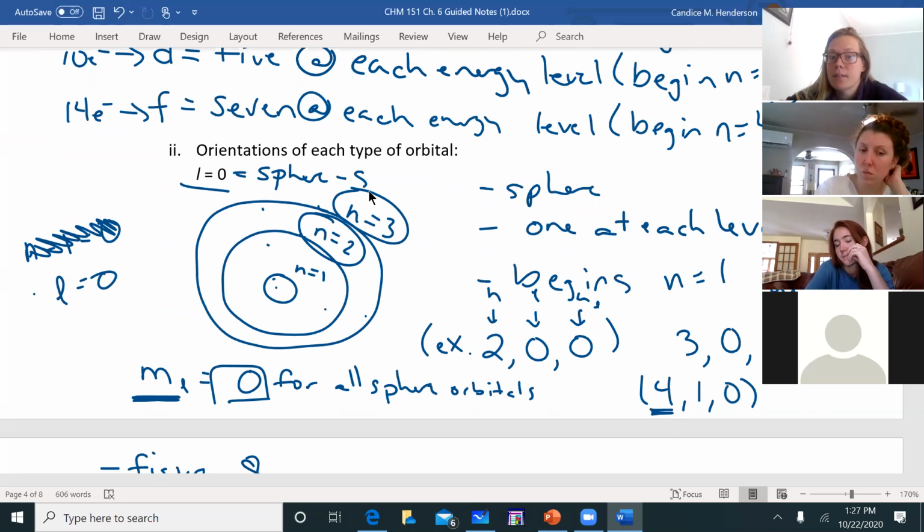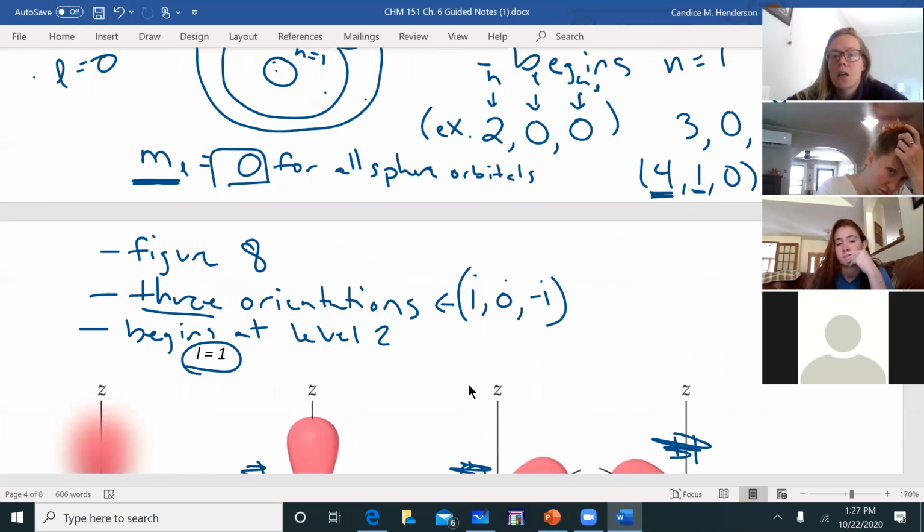We can definitely have this on the 4th floor, the 5th floor, the 6th floor. But the 1 does not match my L. My L has to be 0 if it's a sphere. When I put a 1 value in, I'm talking about a P-shaped classroom. So this is wrong. I would need to make this a 0 in order for that to be correct.